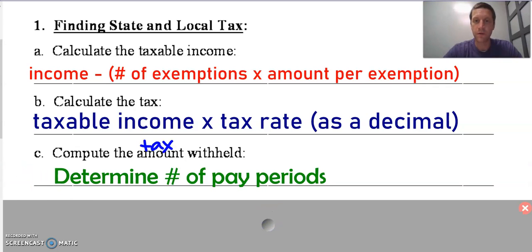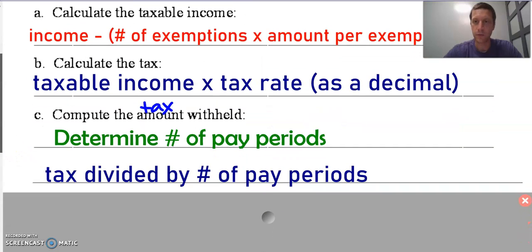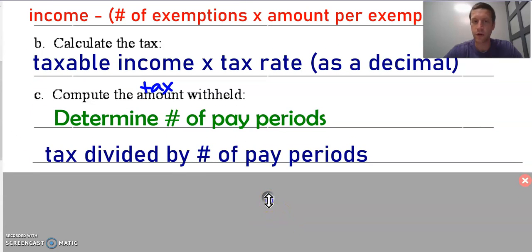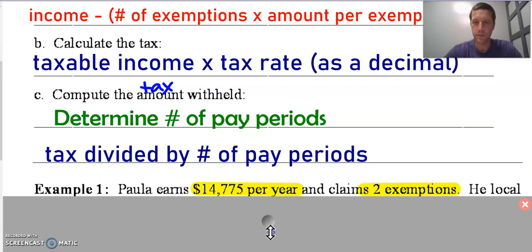And then to figure out the amount that's being withheld, it's going to be withheld per paycheck. So you want to figure out the amount of pay periods that you have. So if you paid weekly, that would be 52. If you're paid monthly, it would be 12. And you're just going to divide the tax from step B by the number of pay periods that you have. And that's the amount that's going to get withheld from your paycheck.